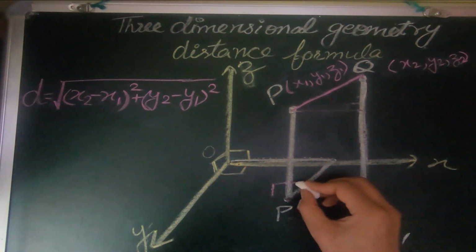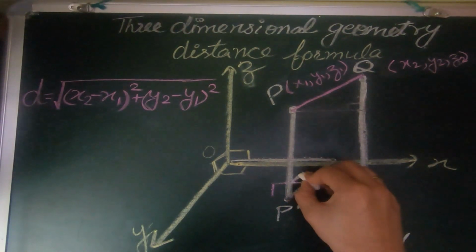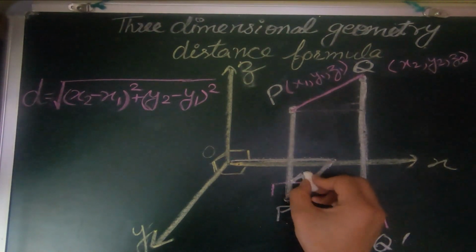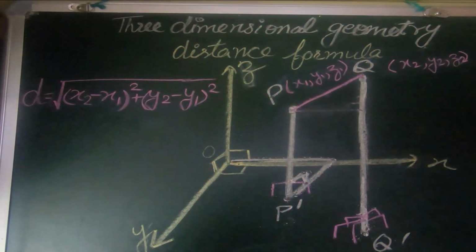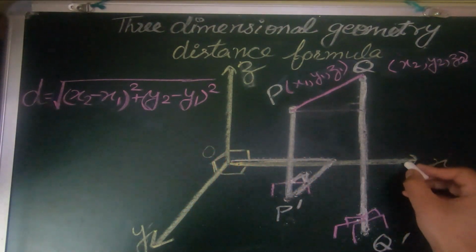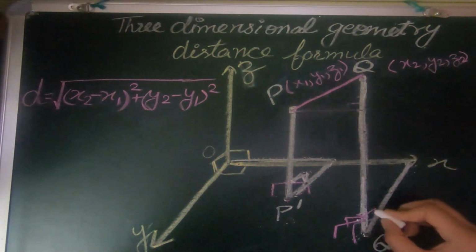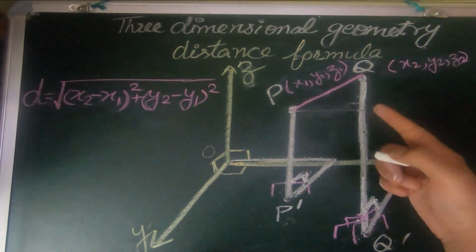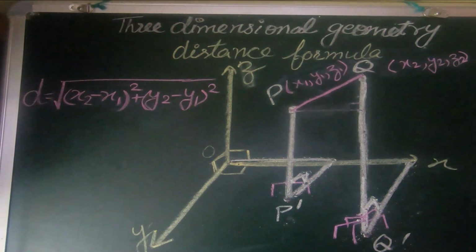This is also perpendicular. How come? Because this line lies on the XY plane and this is the object standing on the XY plane. Similarly, to reach here, I have to travel some distance along the x-axis and then this. So this line is also perpendicular to this.